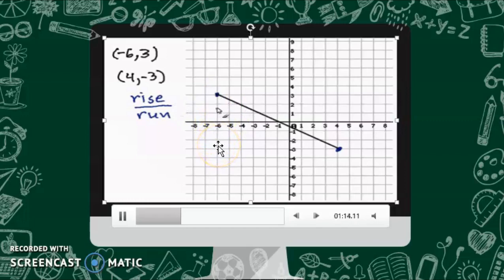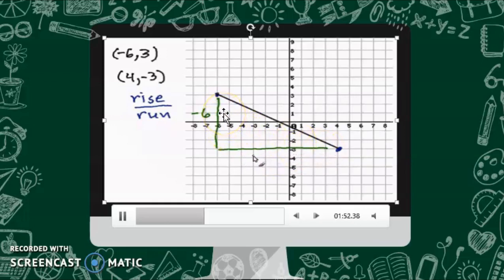But remember that this is a negative slope, so that would be -6. And then when you do your run, 1, 2, 3, 4, 5, 6, 7, 8, 9, 10, you have 10. So actually you have -6 for your rise, and 10 for your run.